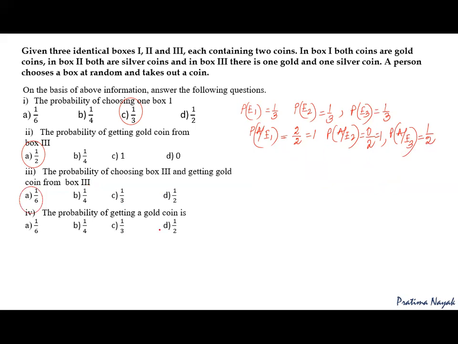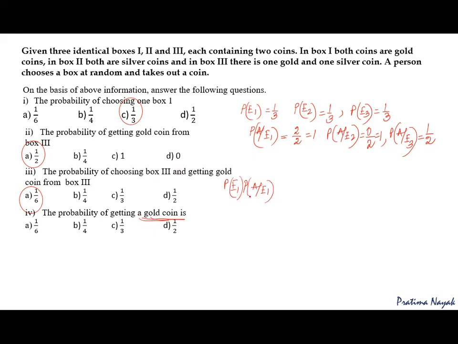Next, fourth part. The fourth part is the probability of getting a gold coin. So this is the total event. That means a gold coin from your first, a gold coin from your second, a gold coin from your third. So a gold coin from the first is equal to P of A by E1 multiplied by P of E1.